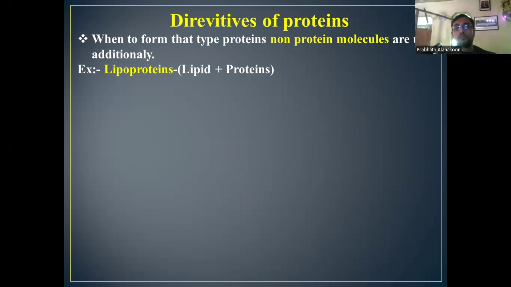To form lipoprotein, lipid and protein molecules bind together. Another example is glycoprotein. To form glycoprotein, carbohydrate and protein molecules bind together.